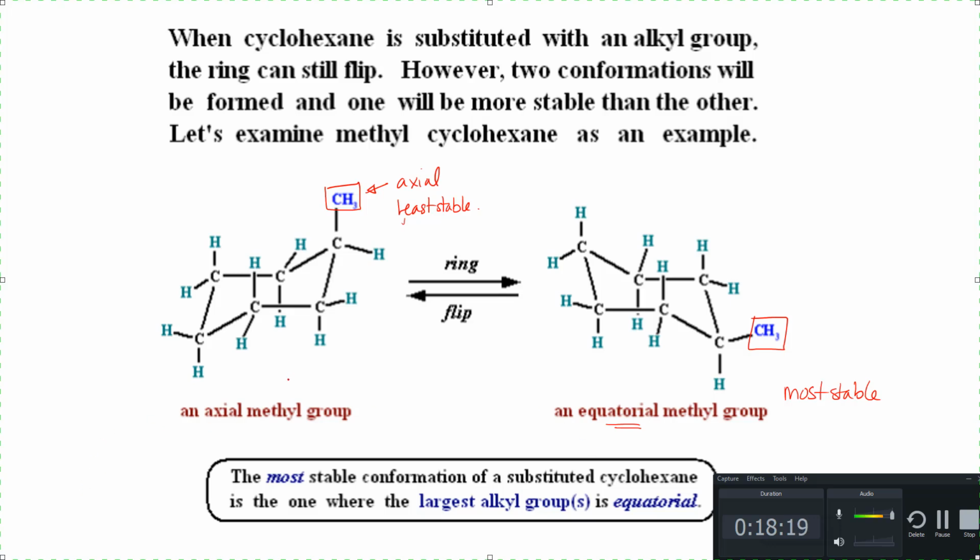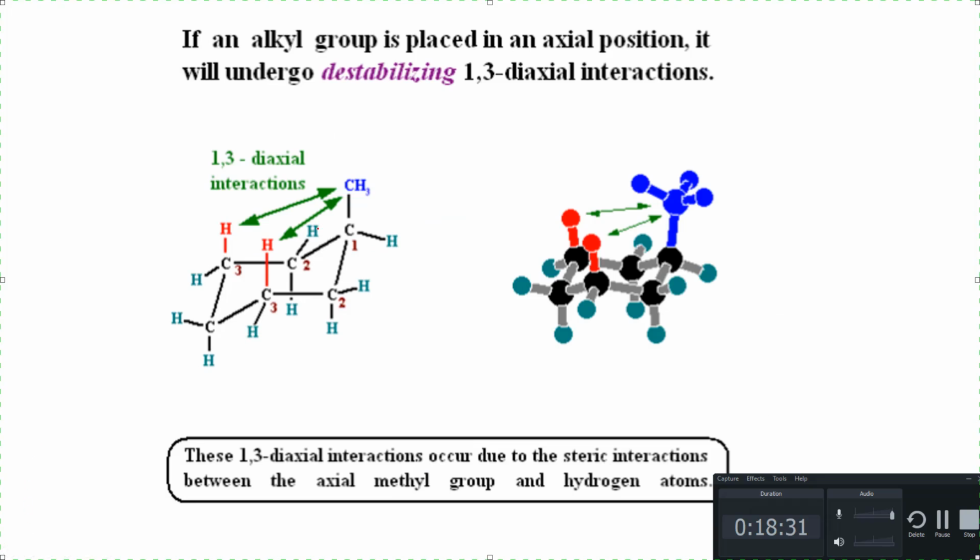So the question is, why is having an alkyl group axial more unstable than having it equatorial? Well, that has to do with what the methyl group is going to interact with. And these interactions are destabilizing interactions. So these are what are called 1,3 diaxial interactions. They're diaxial because it occurs between the groups on the same side of the ring that are axial to each other.